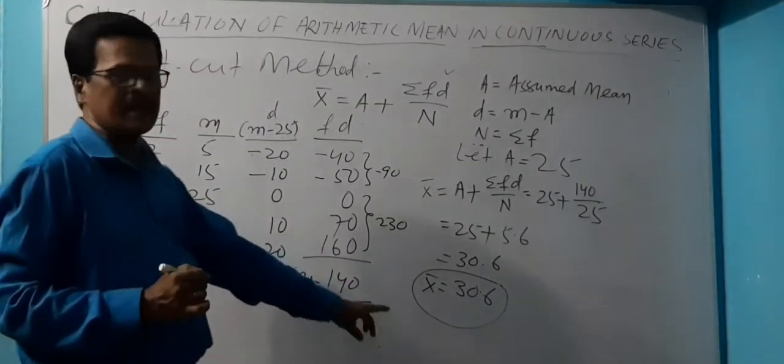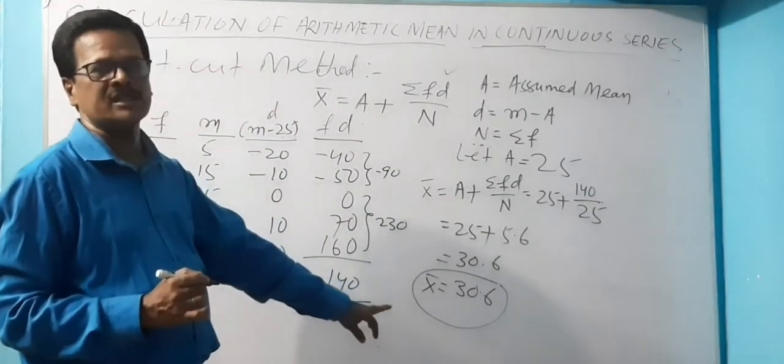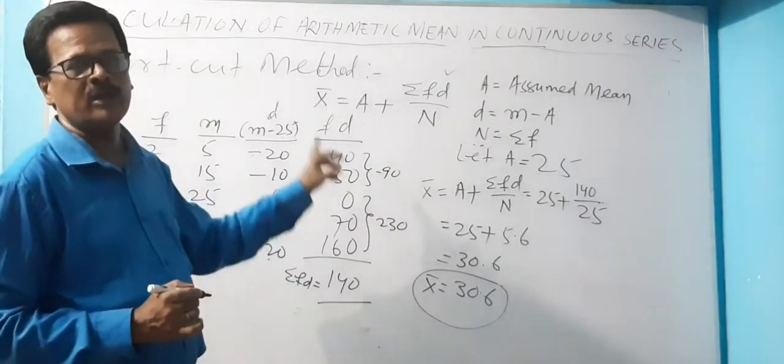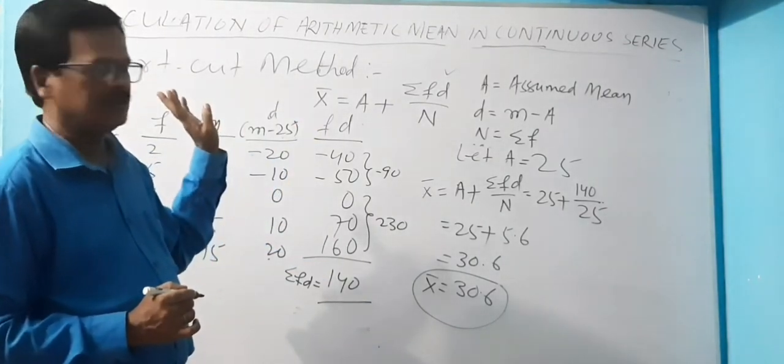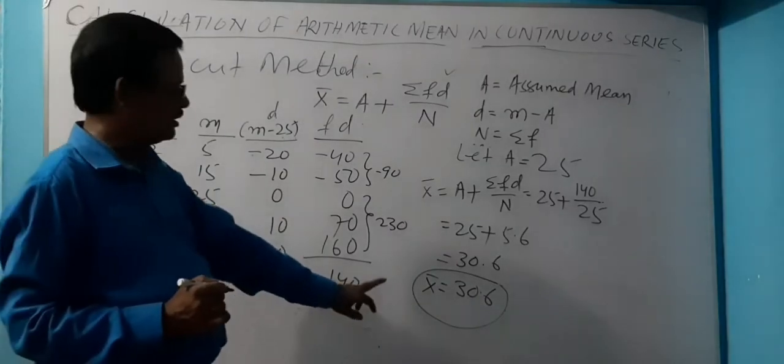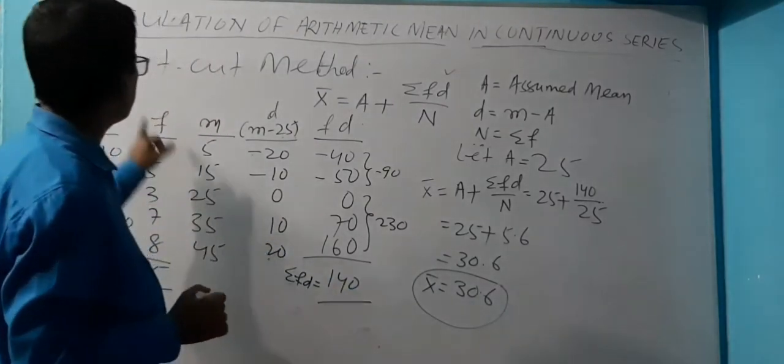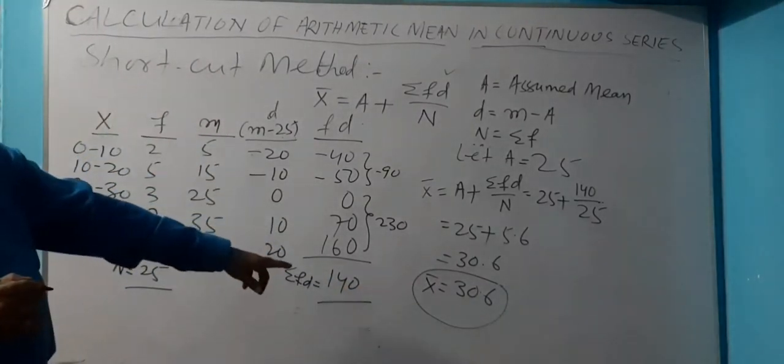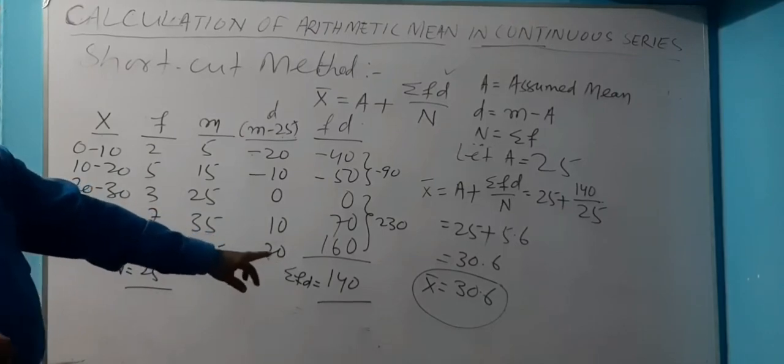X bar was also 30.6 when we calculated the arithmetic mean in direct method. So through the shortcut method we have calculated X bar in continuous series. Note it down.